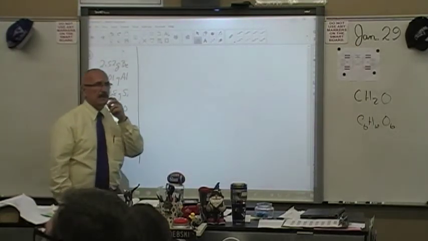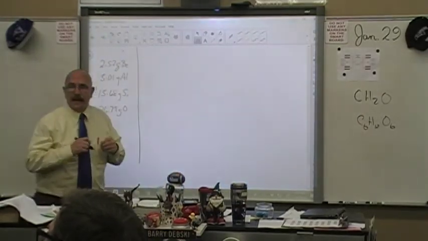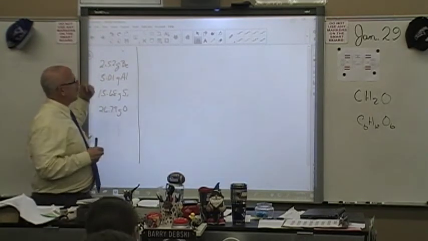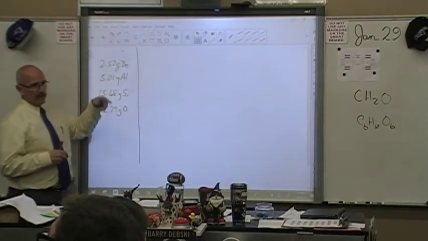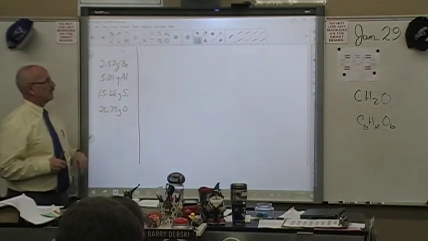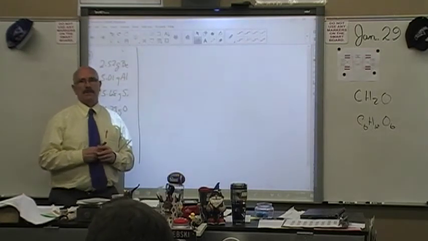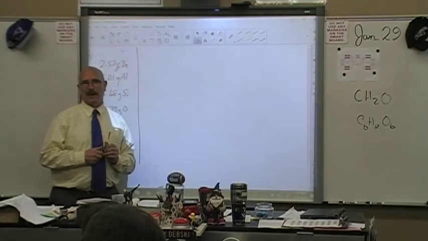Now some of you might be tempted at this point to change them all into percentages. Every problem we've worked for the last 3 days starts with percentages. You say, well, I can change these into percentages. It says it's a 50 gram sample, so I just divide each by 50, and I'm going to get percentages. But what's the next step after you do that? You're going to change them all back into grams.